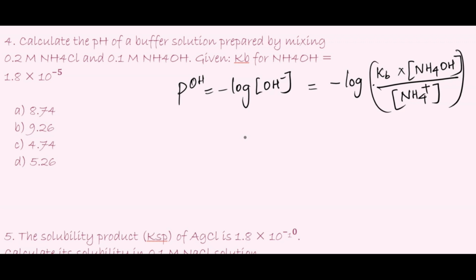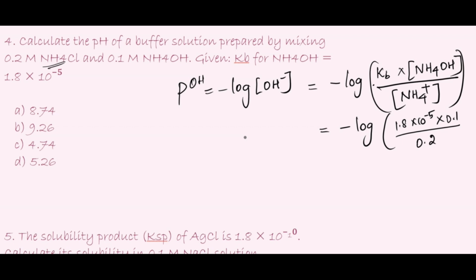So in this case you can just substitute the values. Kb value is given, 1.8 into 10 to the power minus 5. Ammonium hydroxide concentration is 0.1. Ammonium concentration you can take from ammonium chloride, that is 0.2.